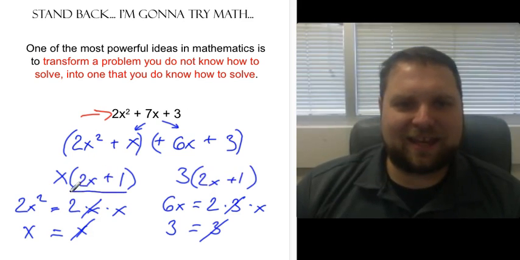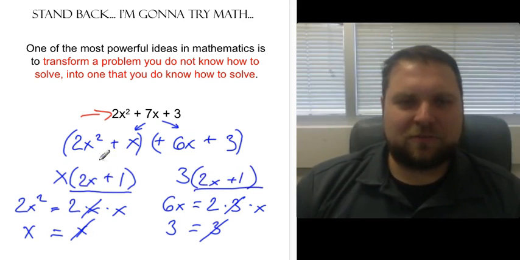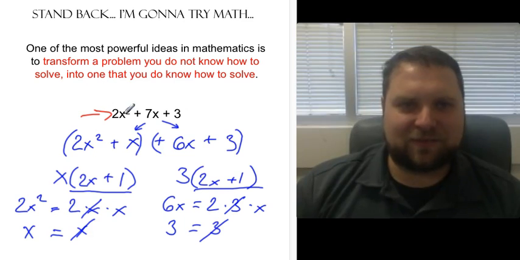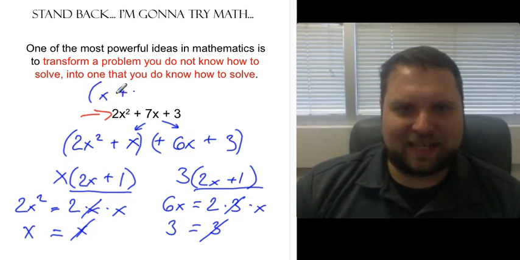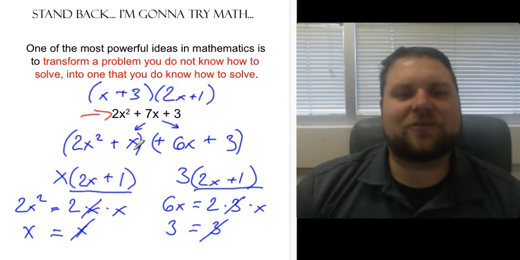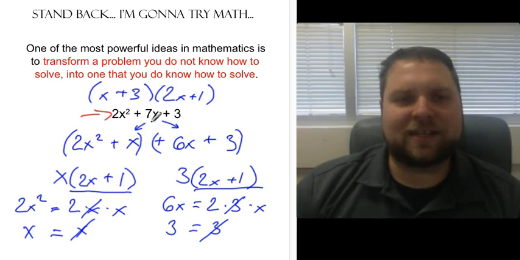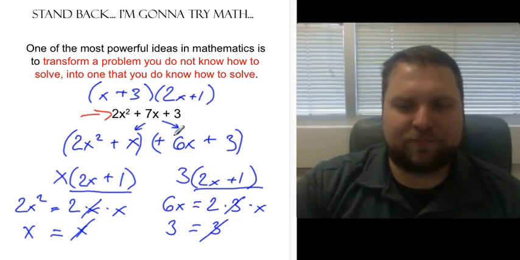And wow, check that out. These are the same, which means my grouping is successful. I'll write my answer up here. I take the parts in front, x, and a positive 3 times 2x plus 1, and now I've factored that trinomial by grouping. And notice all I did was split that middle term into 2 parts.